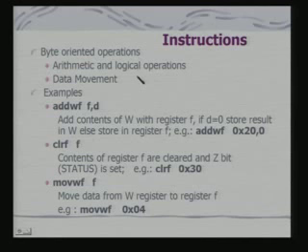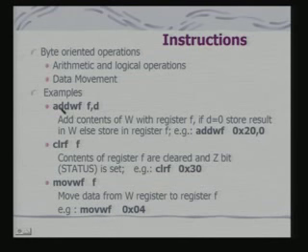Let us first look at byte oriented operations. These byte oriented operations are primarily targeted for arithmetic and logical operations as well as for data movement. We have shown some examples here.